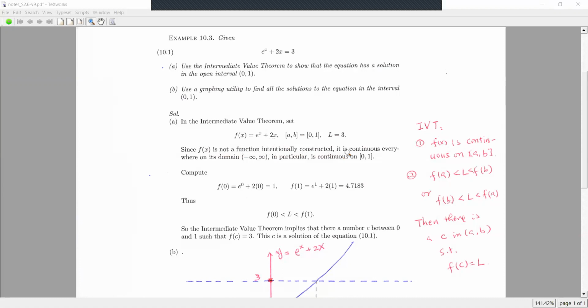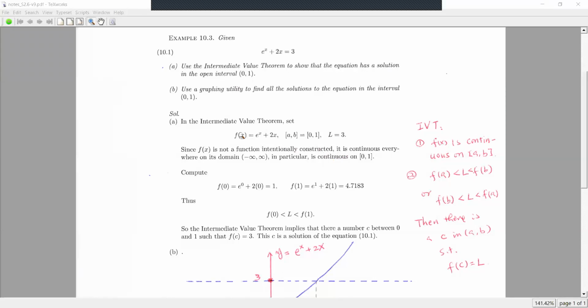This function is continuous everywhere on its domain. The domain of this function is all the numbers. You can have a try with your calculator. This function is computable at any number.